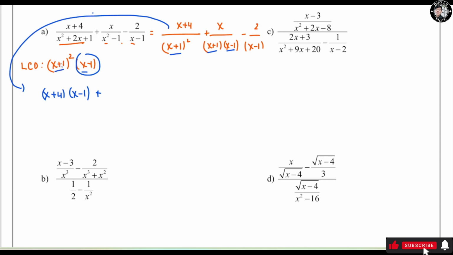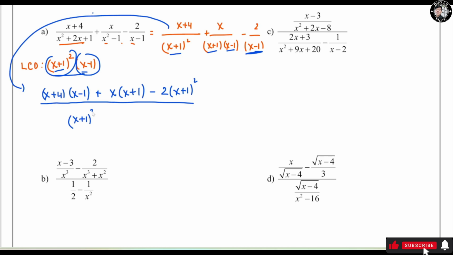So you miss s plus 1, so it would be s times s plus 1. Now this guy you have s minus 1, but the LCD is right here, so you miss this guy. So multiply by s plus 1 squared, all over the LCD, which is s plus 1 squared times s minus 1, right?